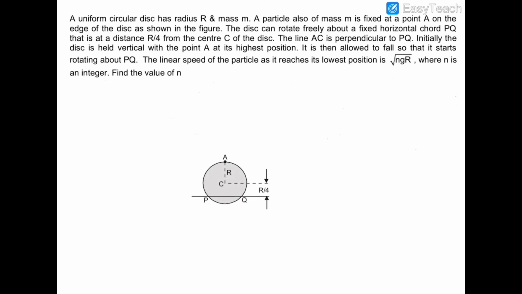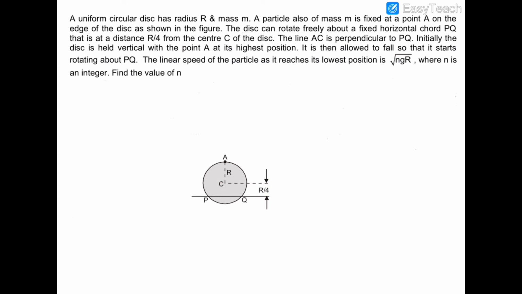In this question, there is a uniform circular disc of radius r and mass m, and this disc is hinged about this axis PQ. So this disc can only rotate about this axis PQ, and this axis is at a distance of r by 4 from the center of the disc.